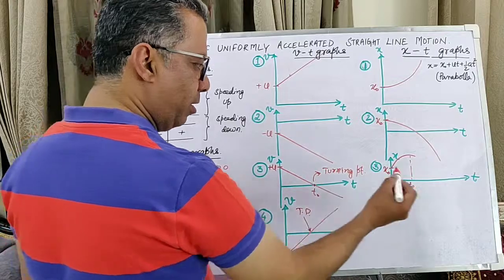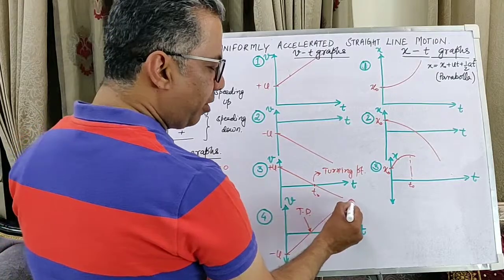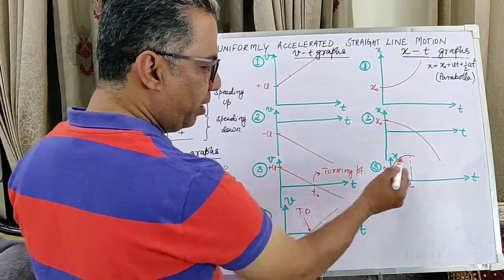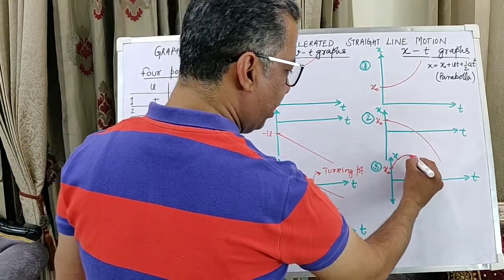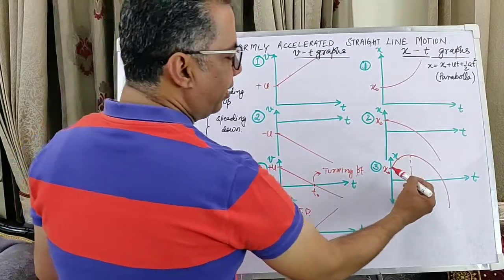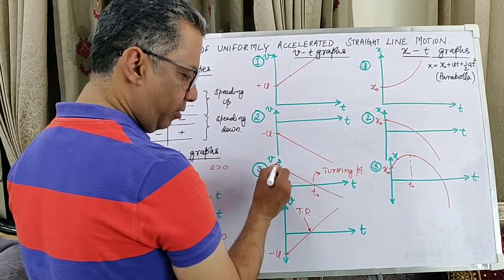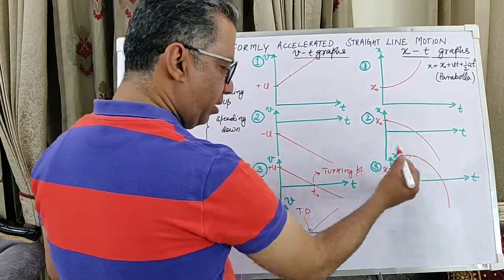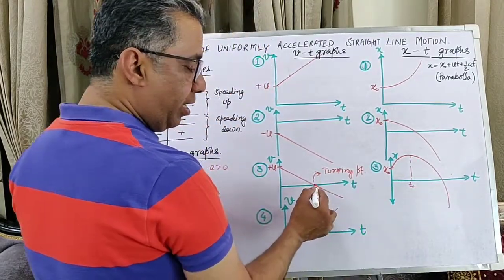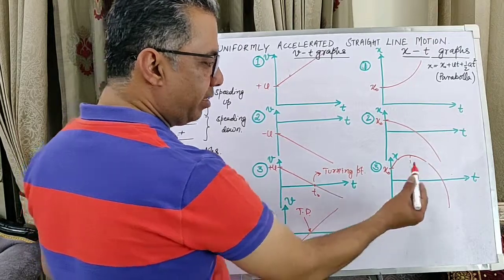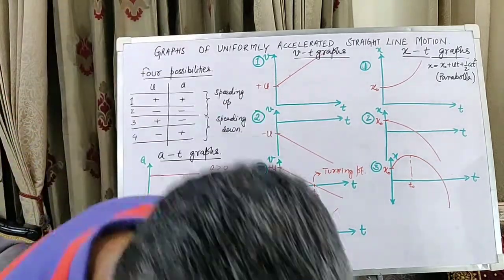The velocity has decreased to 0. So at t0, the slope is 0. The graph is horizontal. After that, velocity is negative, so we have a negative slope from this point onwards. Also, the speed is increasing, so the slope is increasing. So we have a positive decreasing slope, speed decreases to 0, and then negative velocity, so negative slope, which is again increasing because after the turning point speed increases, so the magnitude of slope increases as well.